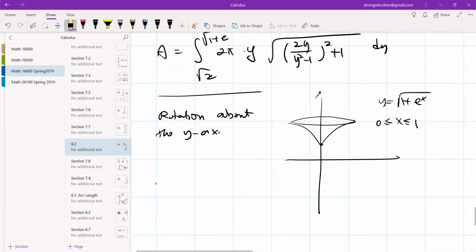So the surface is a completely different surface. In space, they're totally different surfaces.